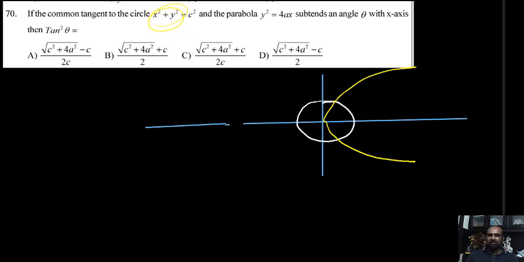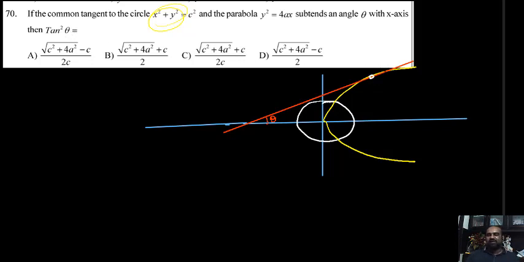Now I want to draw a common tangent. Assume that this is the common tangent, the red color common tangent. This is theta. Now we want to find the value of tan square theta.